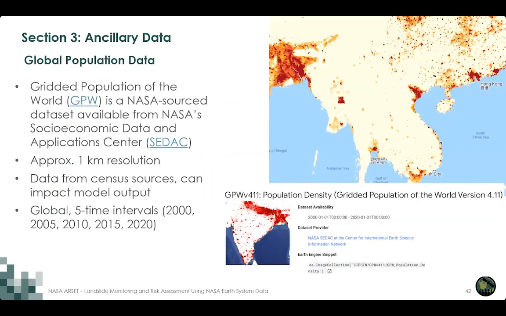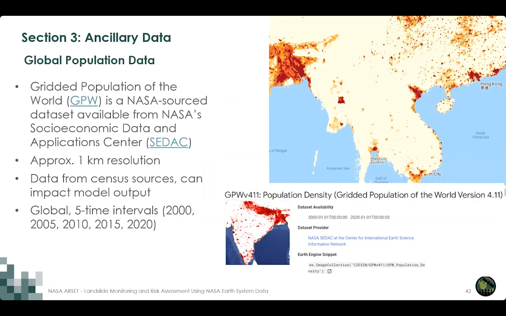Briefly, I want to touch on some of the other data sets we can use to assess population and exposure using satellite-based imagery or NASA-based data. Here, for example, we're talking about population, and the Gridded Population of the World is a NASA source data set available from the Socioeconomic Data and Applications Center, or SEDAC. It's available at 1 kilometer resolution.